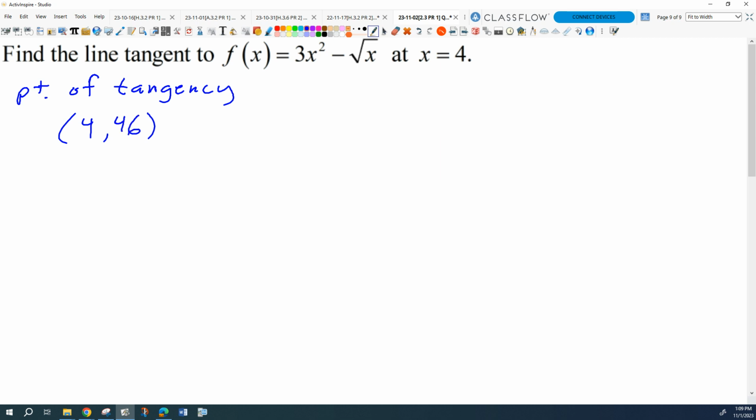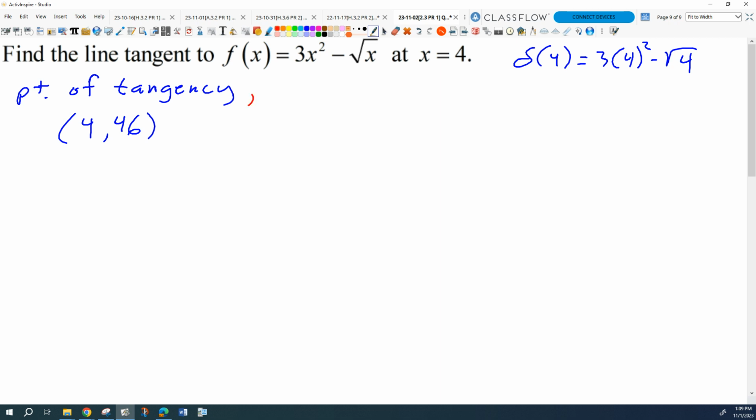Right, and we get that because if we plug in, f of 4 is 3 times 4 squared minus the square root of 4, and that gives us 46. Good. Okay, we need a tangent, though, too, don't we?